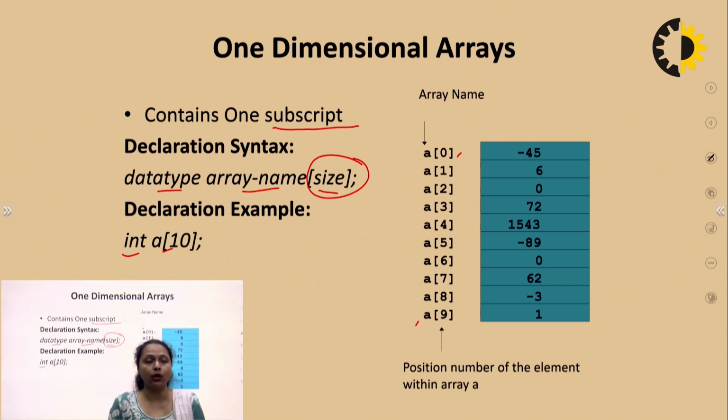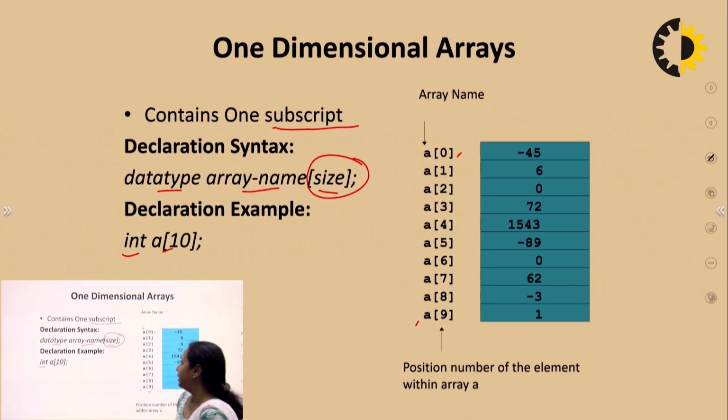All the elements are stored in a sequence. Now here comes the property or characteristic of an array, that all the elements must be stored in a proper sequence. For example, if I am storing the first element at address 100, and as this is of integer type, the next element will automatically get stored at 104.